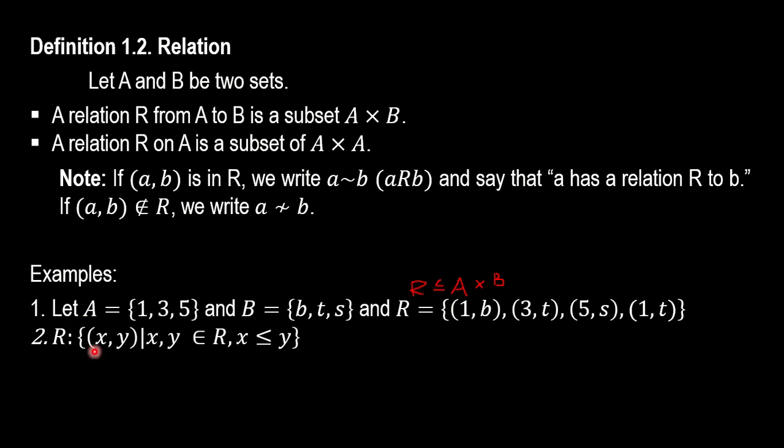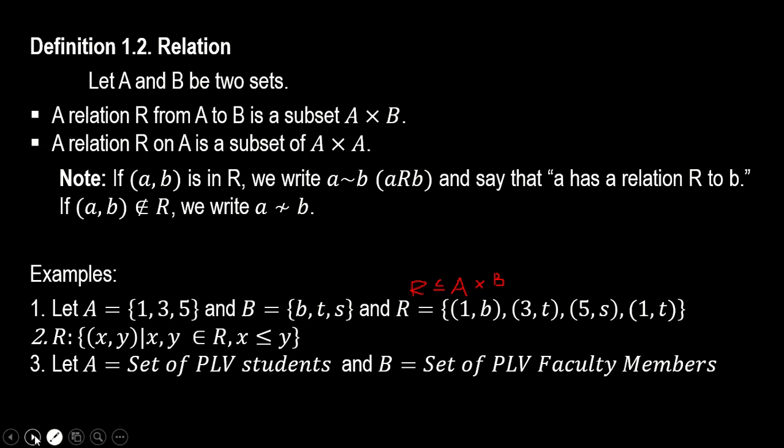Let's have another example. We have here R, given an ordered pair (x, y), such that x and y are elements of the real numbers, wherein x should be less than or equal to y. Another example: let A be the set of PLB students and B be the set of PLB faculty members.